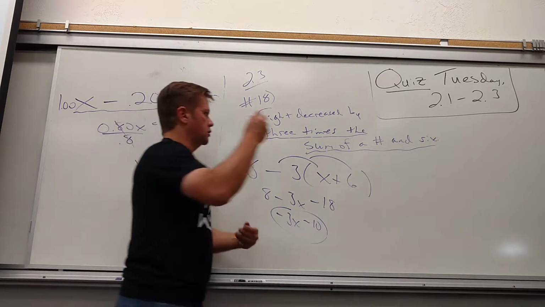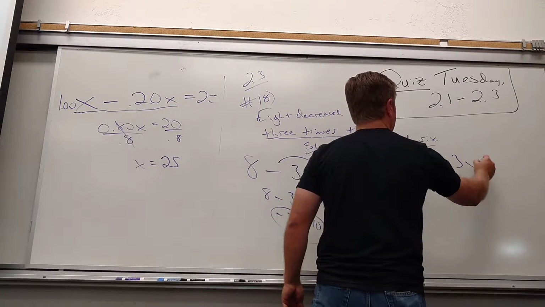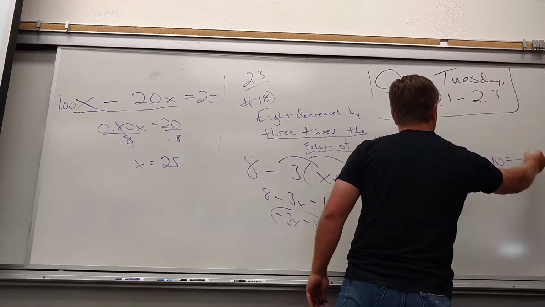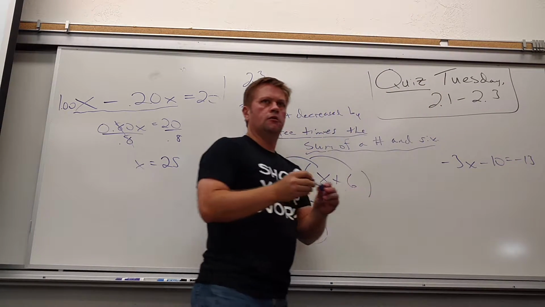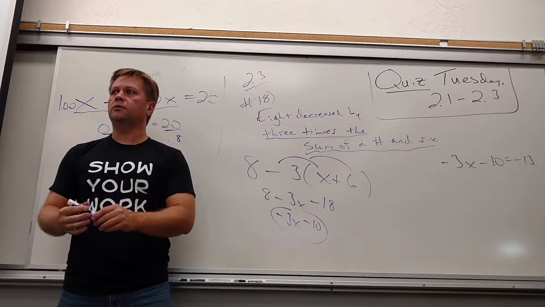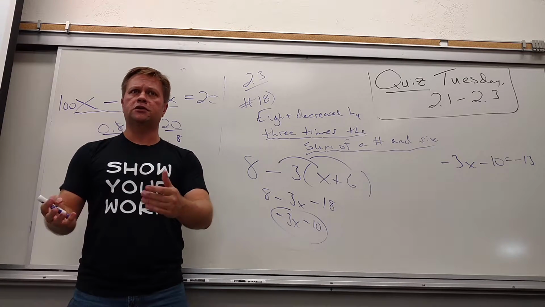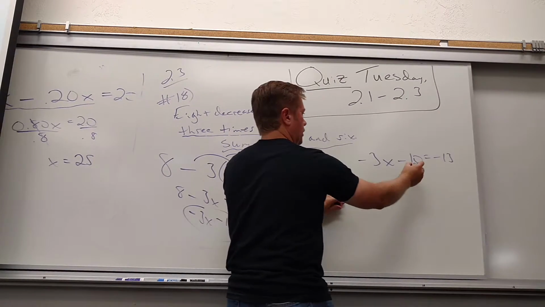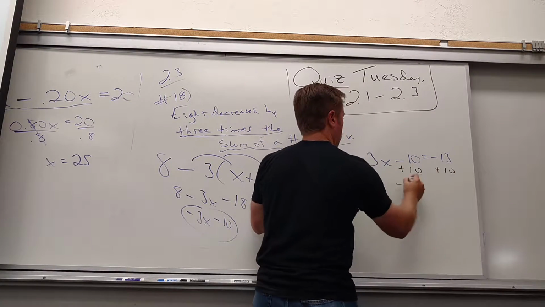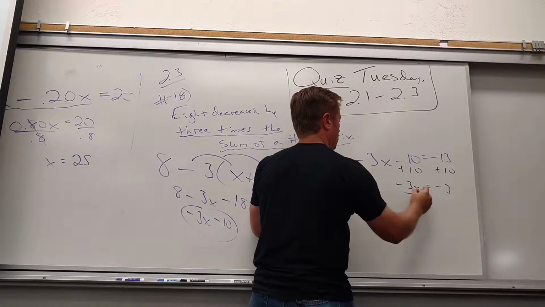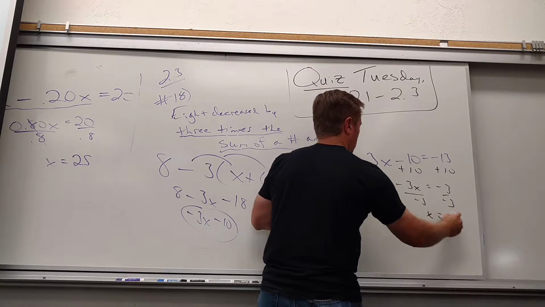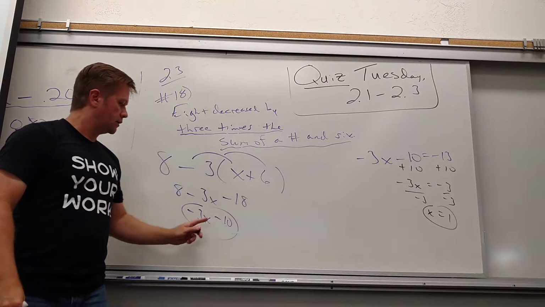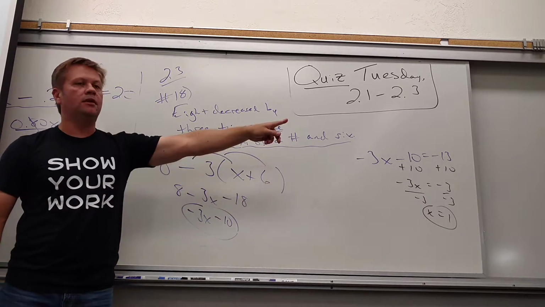Right? So now watch. If I had this equation to solve, we already know what the answer is going to be, but hopefully you guys remember what just happened a second ago. If I solve this equation, I get one, of course, because 1 is the value of x that makes this become negative 13.